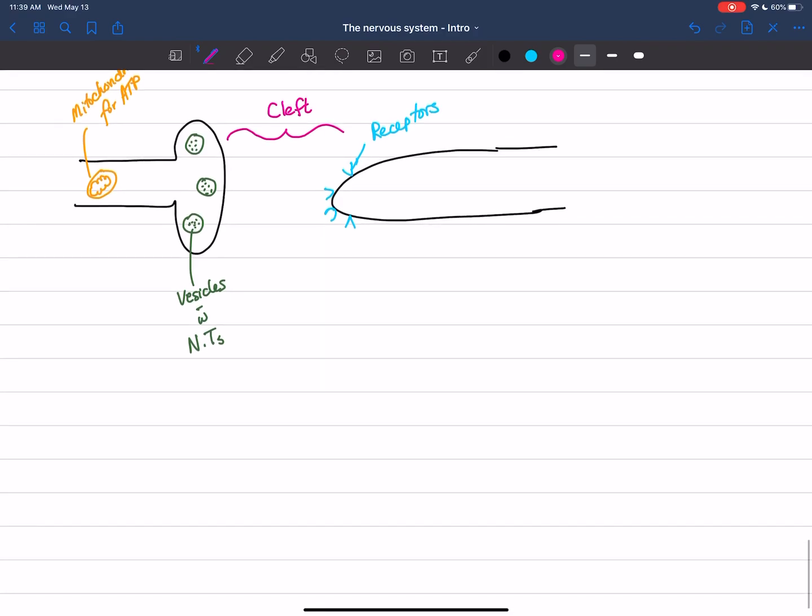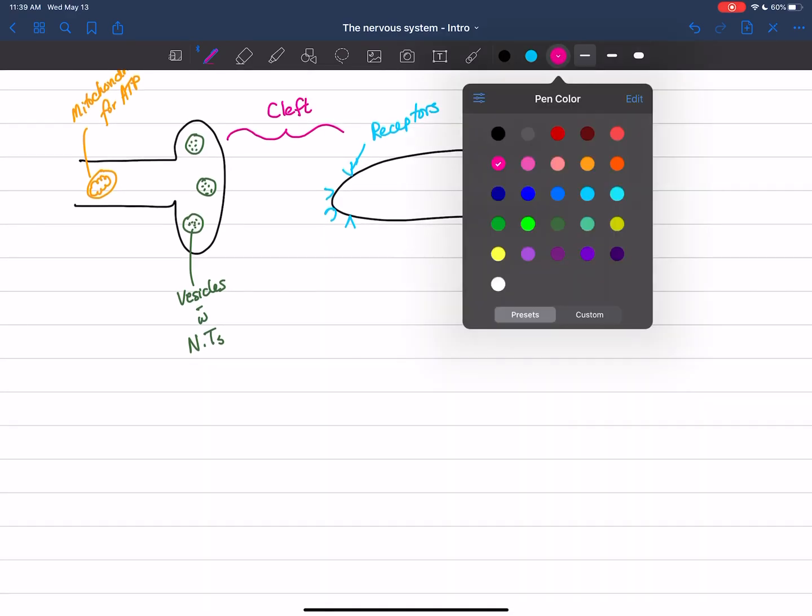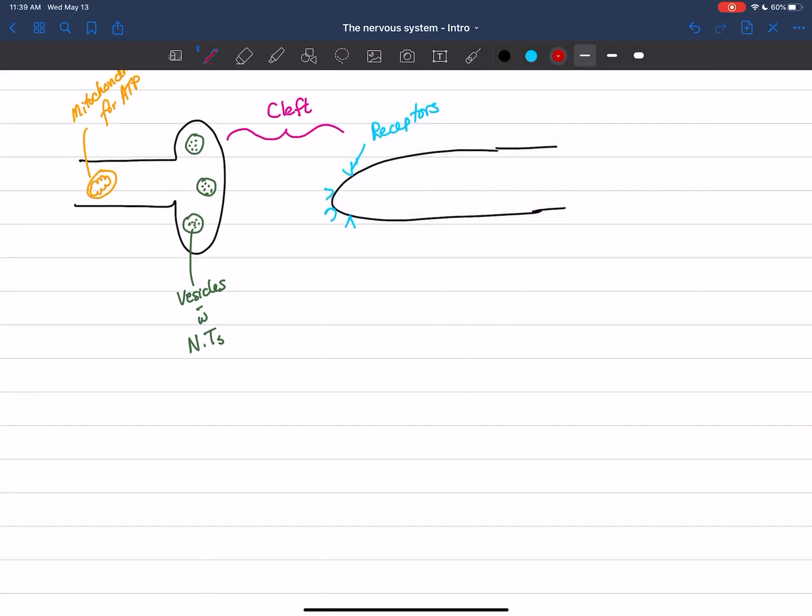So what's going to happen here is as my electrical impulse arrives here, it causes the vesicles to be pushed against the membrane of the synaptic knob.